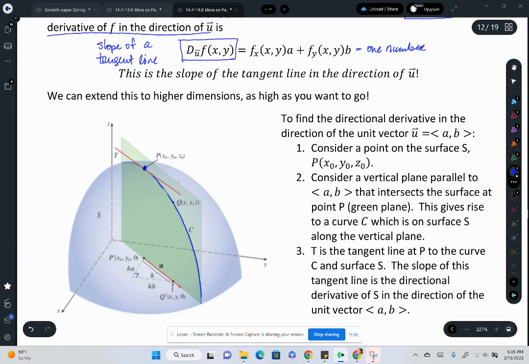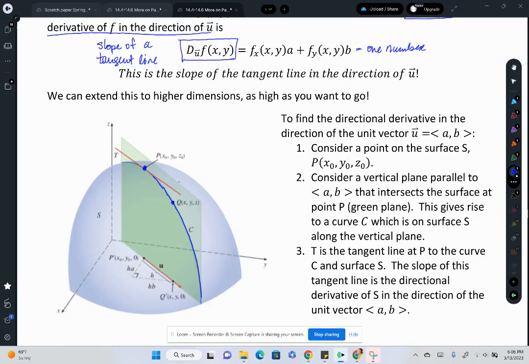And on this curve C, let's say we're facing in the direction of this curve, there's another point Q. So we are standing on P, looking towards Q, and wanting to figure out what is the slope of the tangent line right at the point.